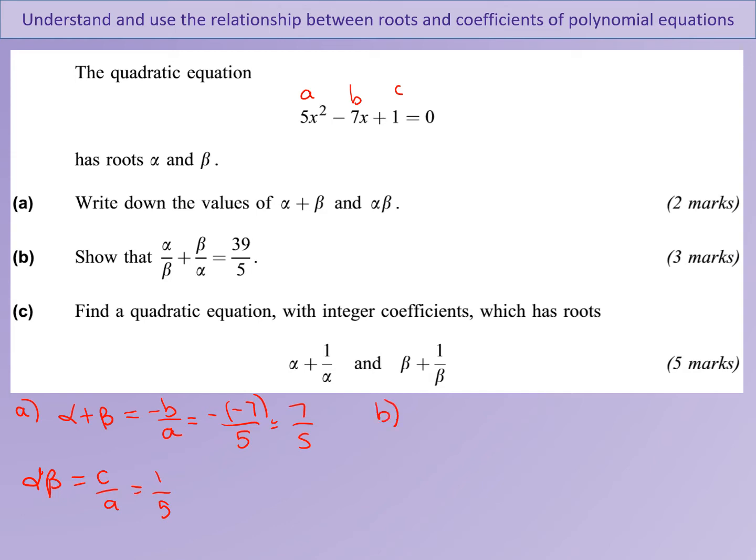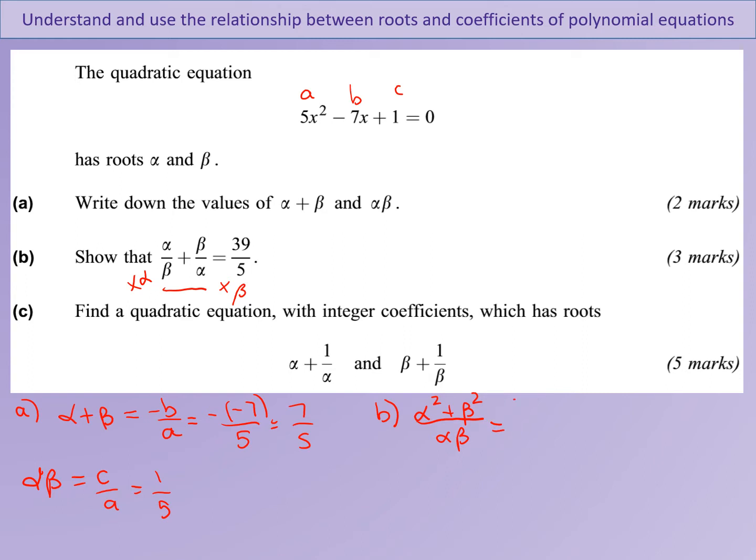Looking at part B, we're working with the left hand side of this equation. We need to show that that is equal to 39 over 5. If we multiply that first fraction by alpha and the second one by beta, it will then have the same denominator. So that gives us alpha squared plus beta squared over alpha beta.